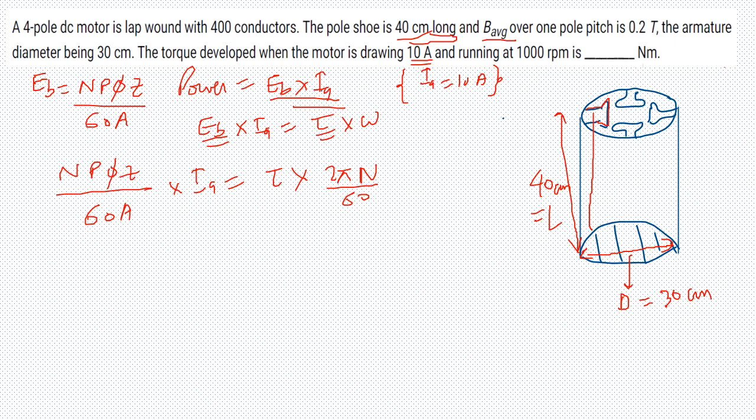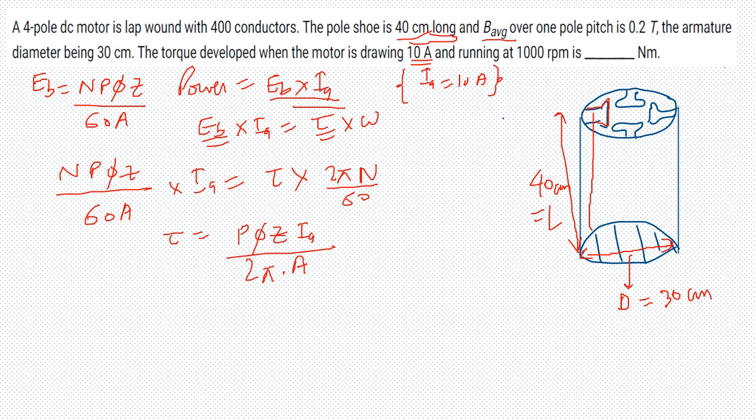What we get is tau is equal to P phi Z IA over 2 pi A, capital A.